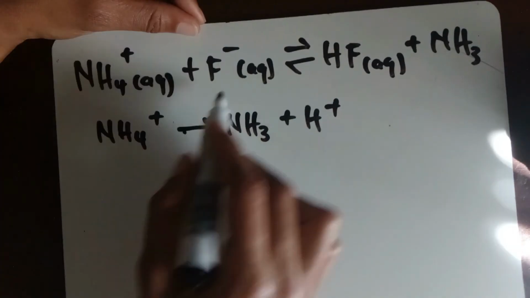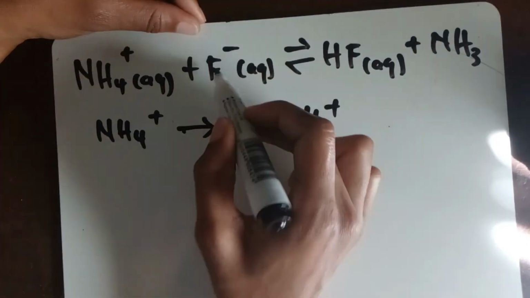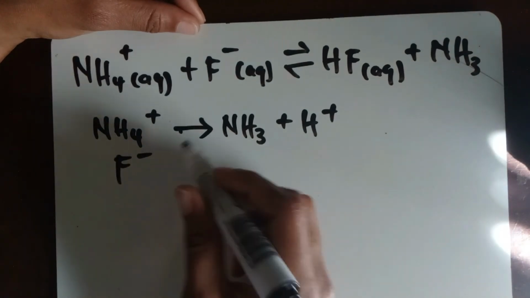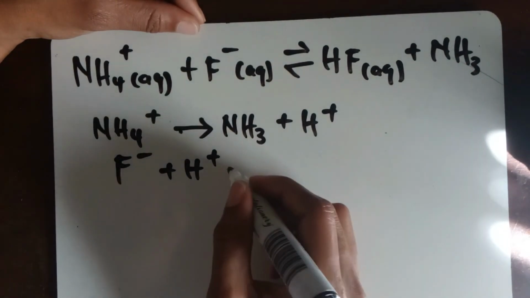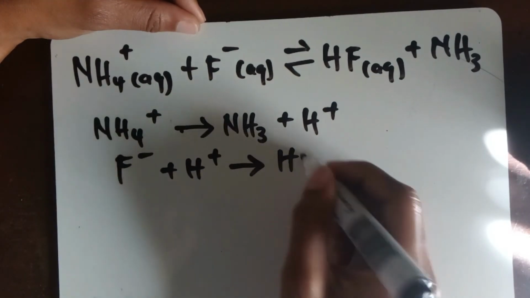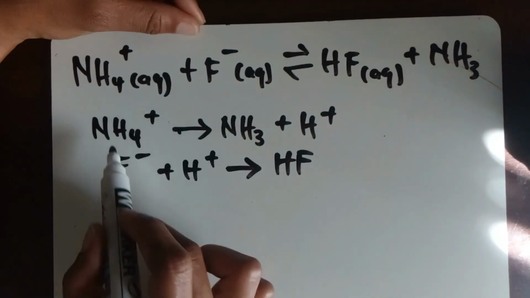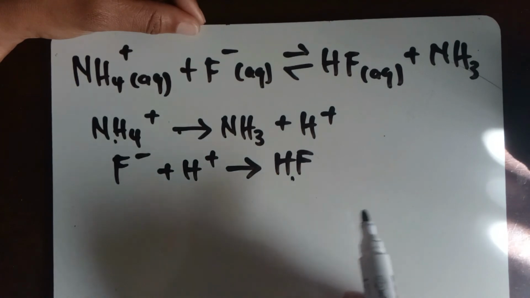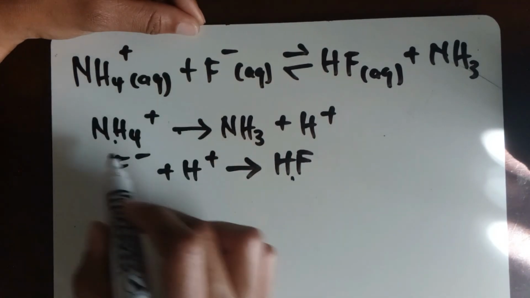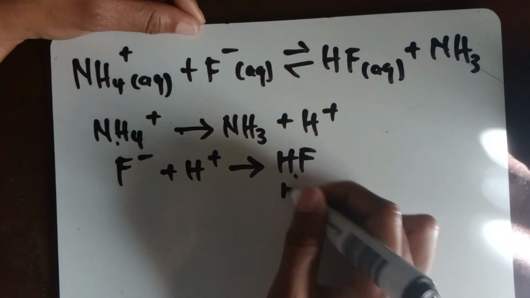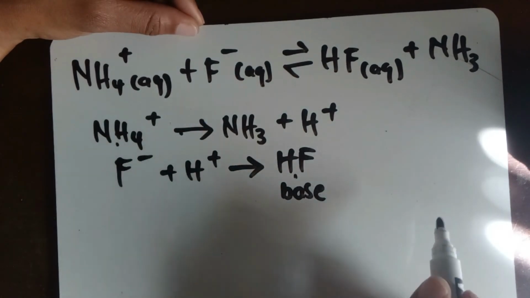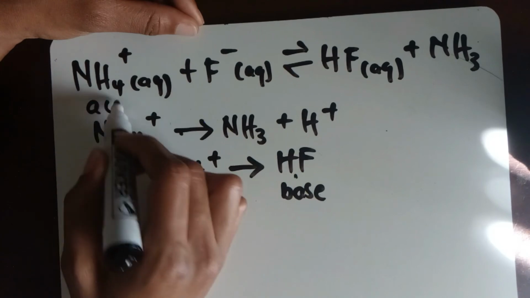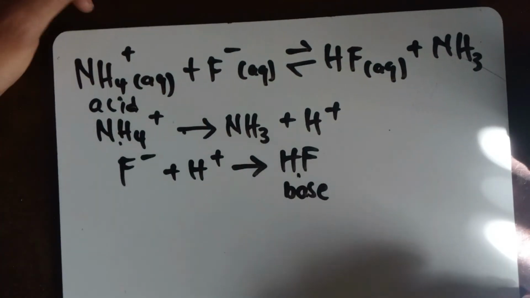And for F minus to have become HF, it means it must have accepted a proton. So it's F minus plus that proton it accepted to form HF. So which one is an acid between these? We know if it accepts a proton, it is a base, according to the Lowry-Bronsted model that we discussed in the previous lesson. If it donates a proton, it is an acid, right?